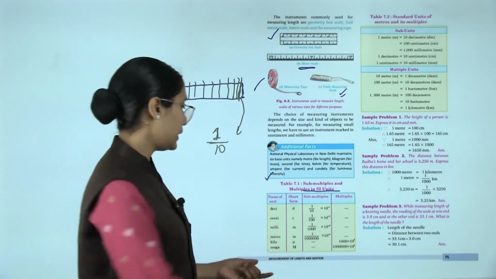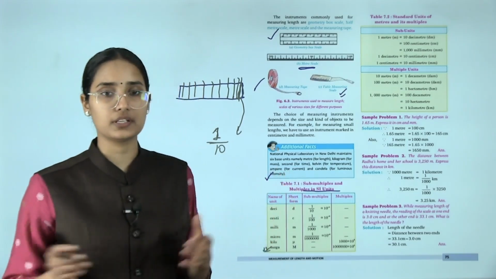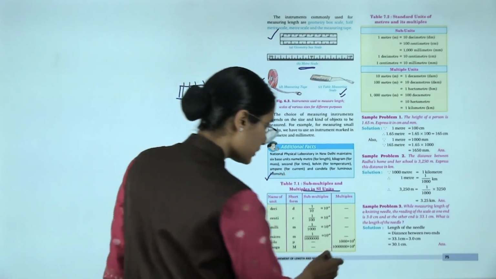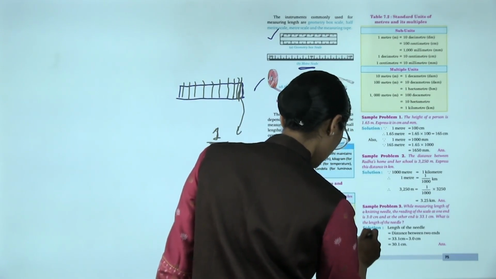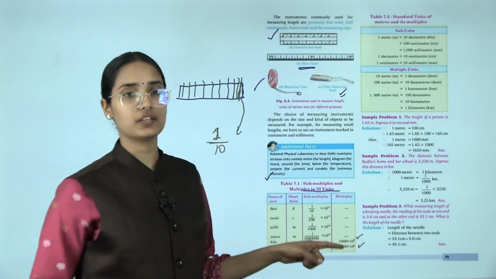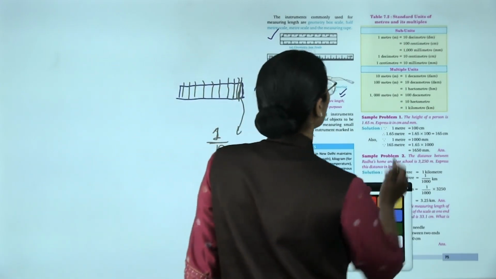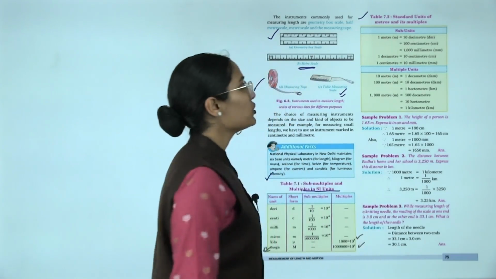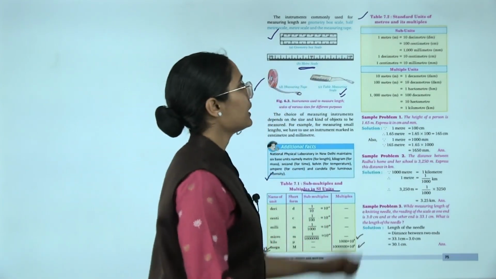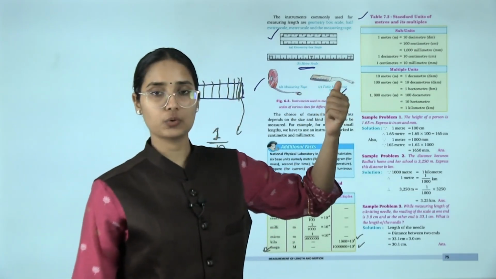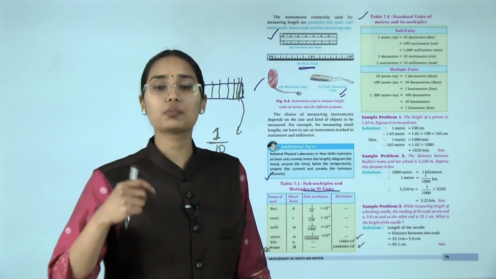Now, mega is the largest unit you can say. It is 10 raised to the power 6 and kilo is 10 raised to the power 3. Now, let us understand the standard unit of meter and its multiples. So we have the standard unit meter, but as the length increases or decreases, we have other units also.